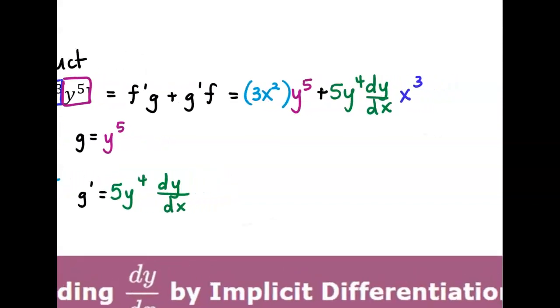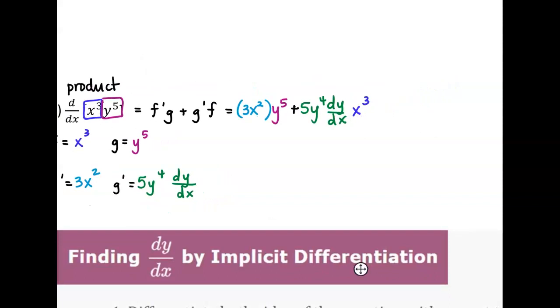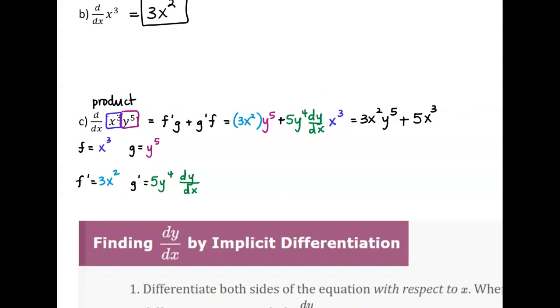And now I'm just going to clean this up a little bit. The first term is simply 3x squared y to the fifth. And then the second term, I'm going to move the x to the third so it's not at the back. I'm just going to put it after this 5. That's 5x to the third, y to the fourth, dy/dx. And that is our derivative.